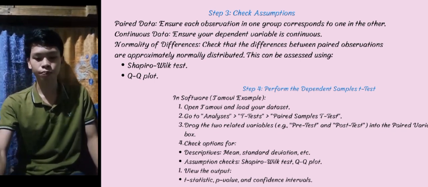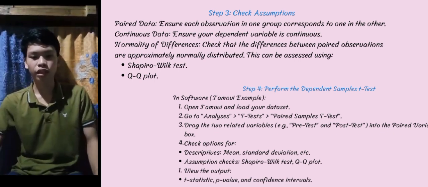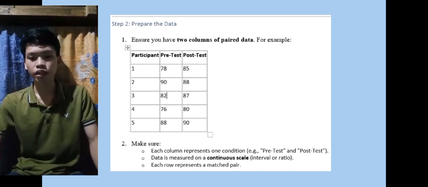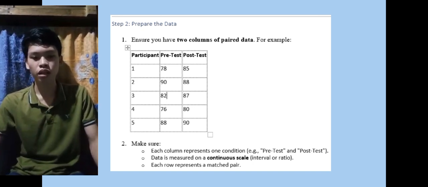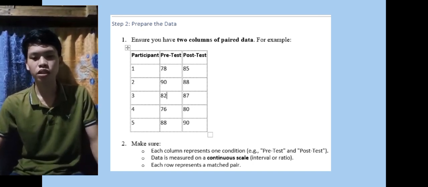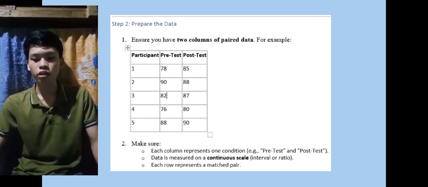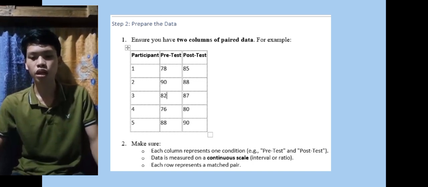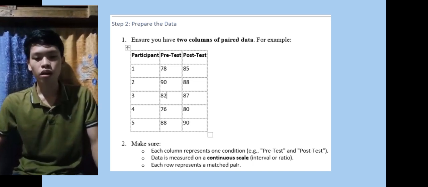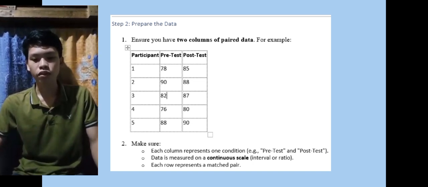Here's the sample. Prepare the data. To ensure paired data, each pair represents the same participants measured under two different conditions. For example, you are testing whether a group of participants shows improvements in scores after an intervention, like the data shown in the PowerPoint.